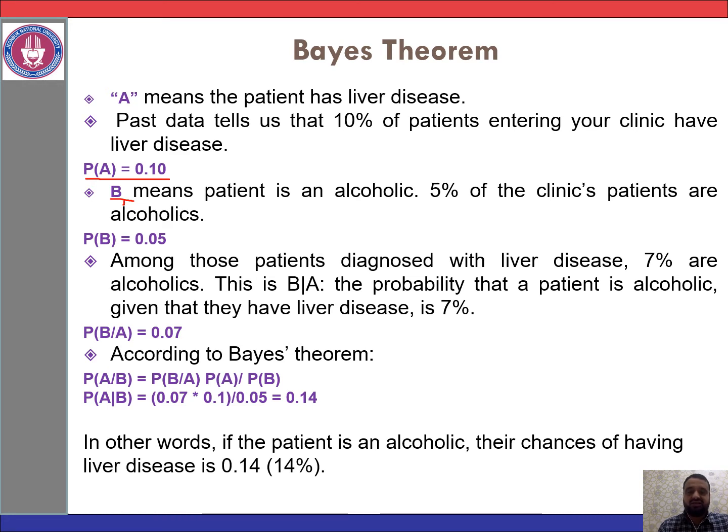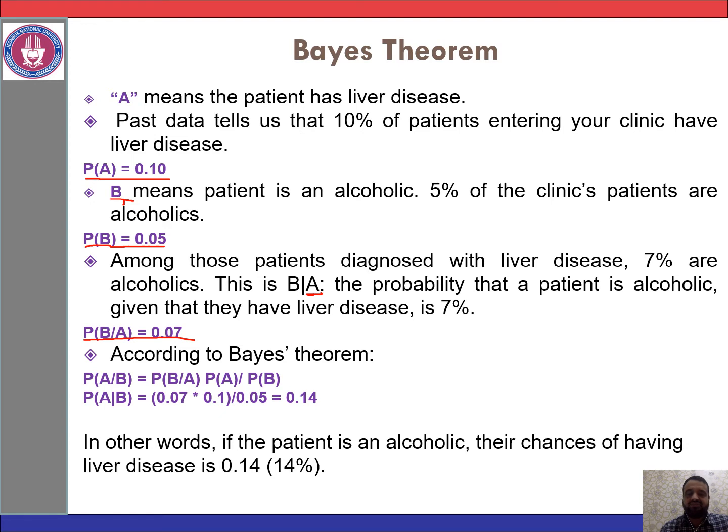We can say that the probability of the alcoholic is 0.05. The third condition is saying that 7% of the patients who are diagnosed with liver disease are alcoholic. Like the probability of B given A, B being alcoholic, given that they are liver patients, is 7%. We can say that the probability of B given A is equal to 0.07.